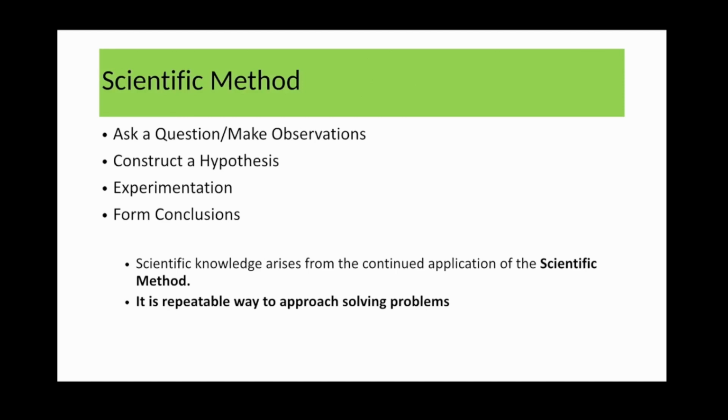So then you would construct a hypothesis, an educated guess about what you think the effect might be. Then you perform an experiment to test that prediction, to try to pursue answers to that question that you've asked. And for me, it was, how does fluoride affect plants? My prediction was that it would harm them in my hypothesis, and we'll get to how you write those hypotheses. And then I performed an experiment over the semester, and then you form conclusions.